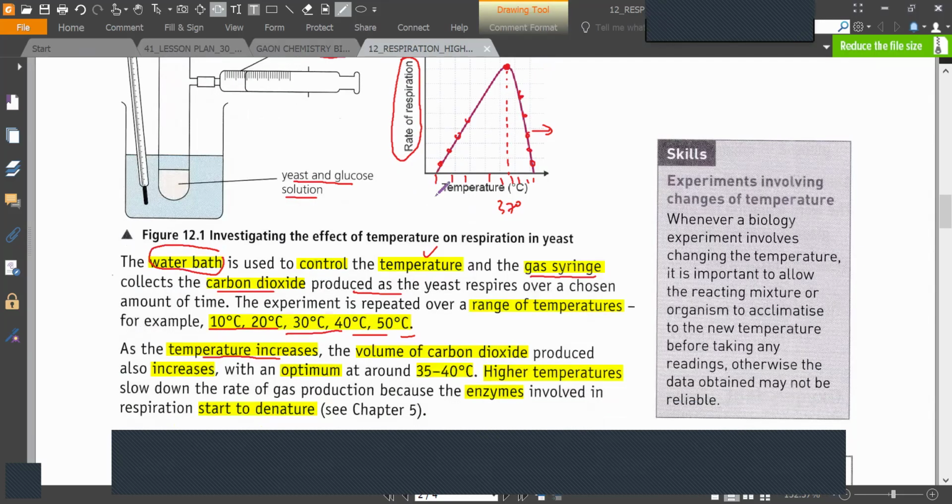As temperature increases from 10 degrees to 37 degrees Celsius, the volume of carbon dioxide increases. The optimum is 35 to 40 degrees, around 37. At higher temperatures, the rate decreases quickly because enzymes start to denature. This is how we study respiration.